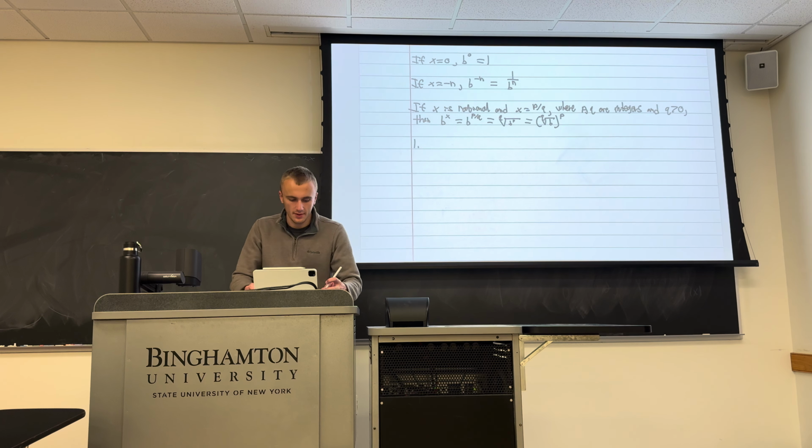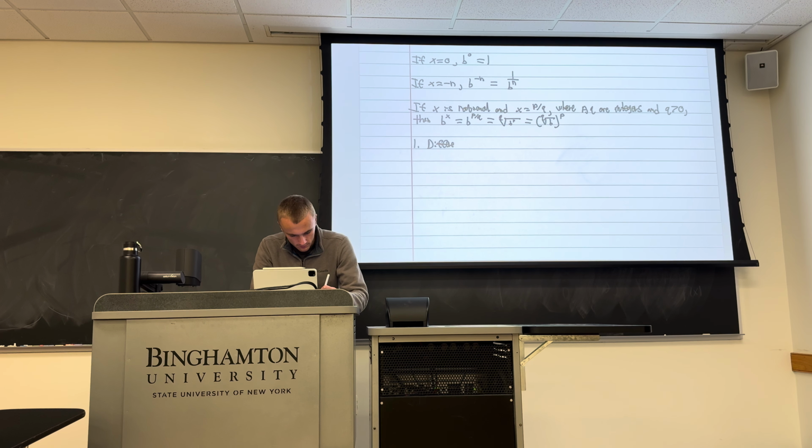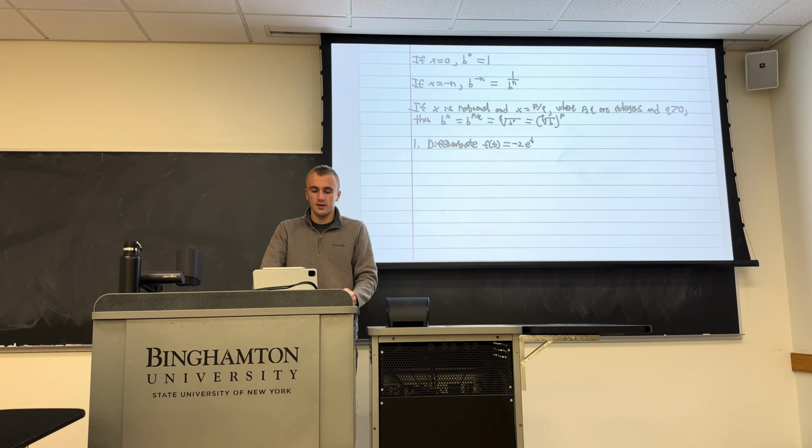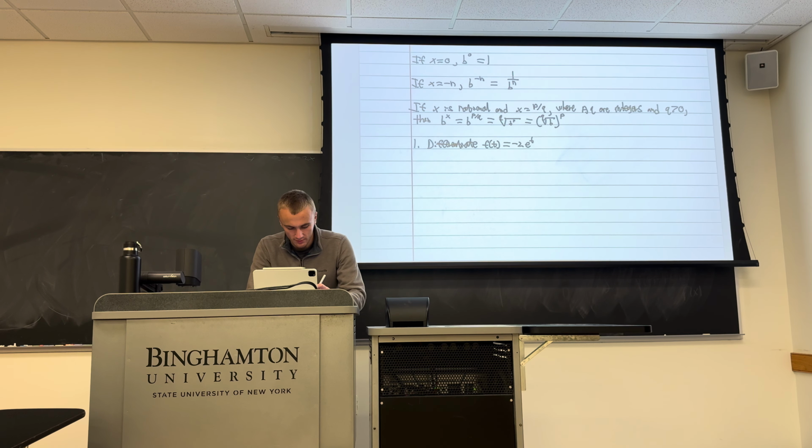So the first problem we're going to look at is: differentiate f of t equals negative 2 e to the t. So we know that this is a form of the product rule, which you should have covered earlier in Calc 1, and as such we'll treat it that way.